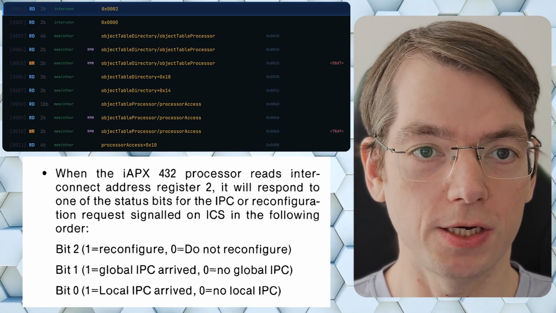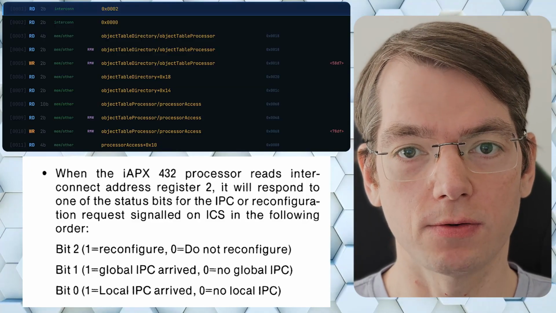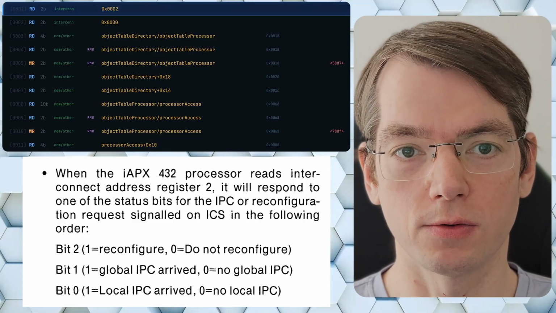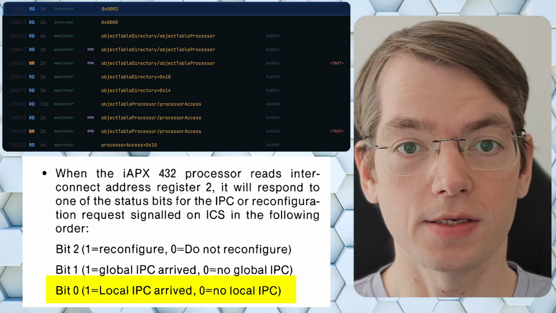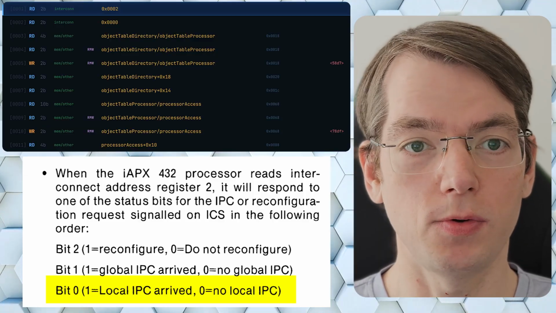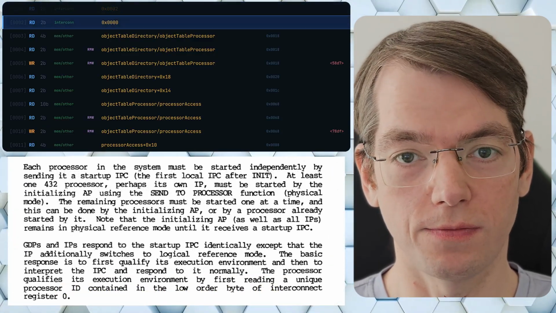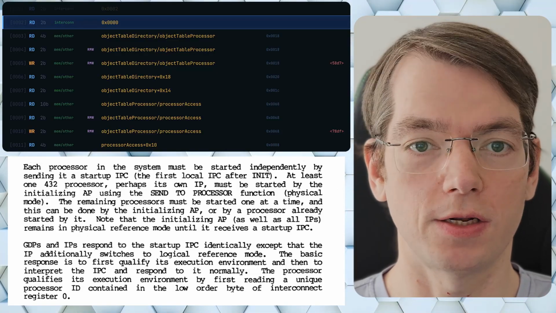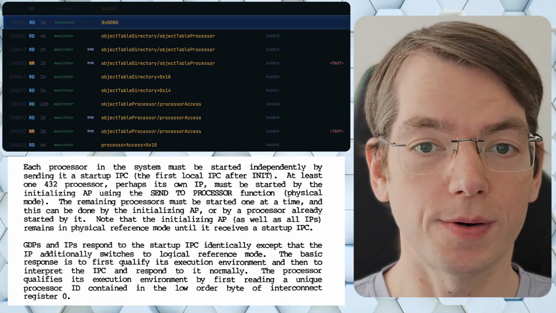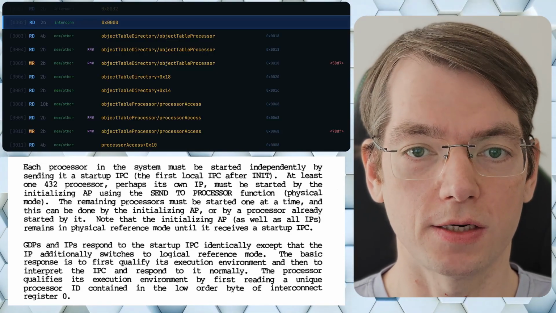The GDP starts by checking the interprocessor communication status in interconnect register 2. If there is a pending IPC message, the CPU wakes up and tries to read it. The iAPX 432 was designed for multiprocessor systems with shared memory, but each processor still needs its own private structures.